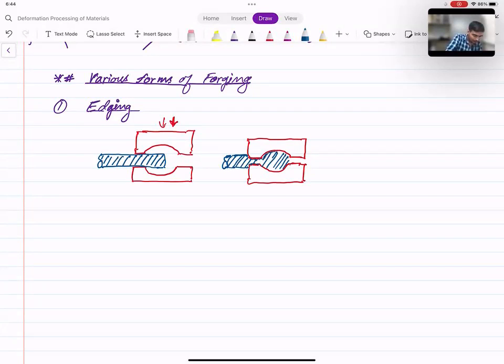Somewhat like this, so that it gets closed at this end.